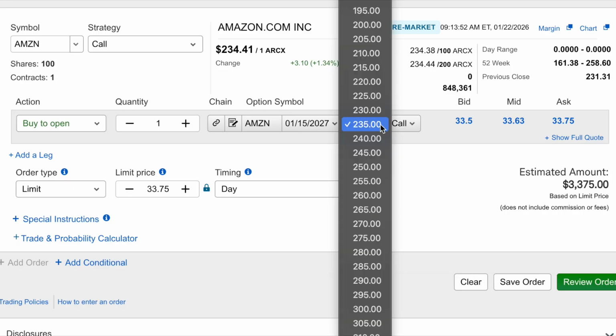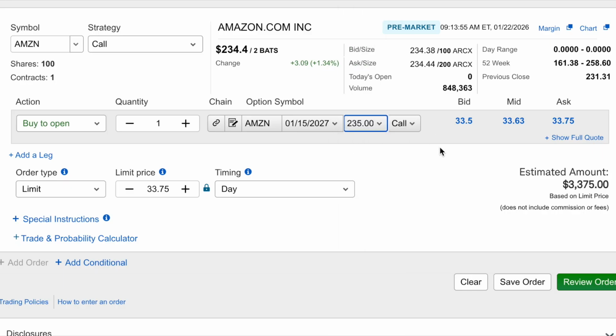The way to do it mathematically is you just add the cost of the option to the strike price. So to make it simple, let's just pretend the option cost $3,500, which would be 35 a share. You simply say 235 plus 35. Our break even would be Amazon getting to 270 a share. So Amazon's got to get above 270 a share for us to start making money on the trade.